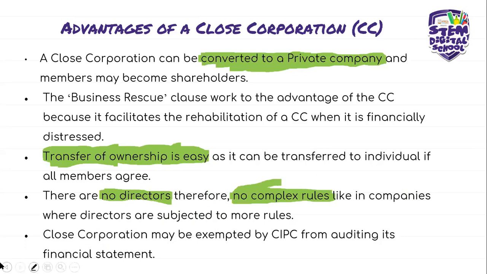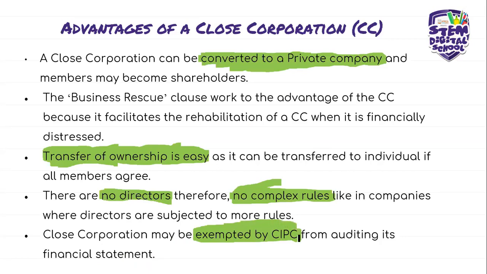Right. A closed corporation may be exempted by CIPC from auditing its financial statements, right? Now, guys, you need to know what a CIPC is. I'm giving you homework, please go find out about this acronym.